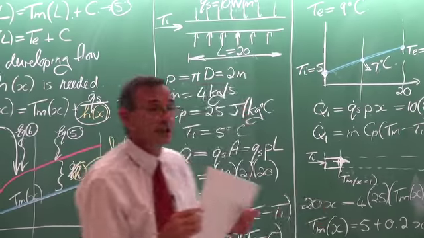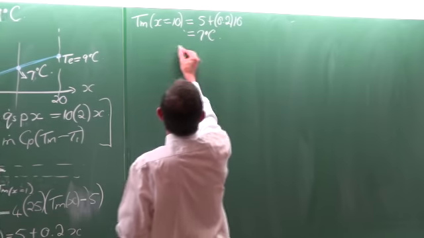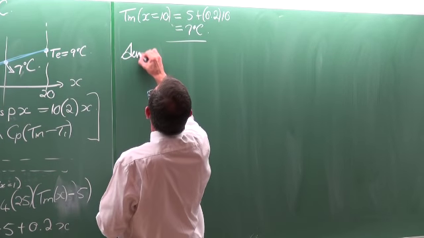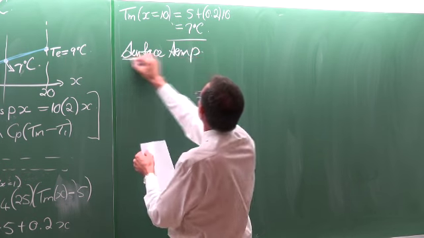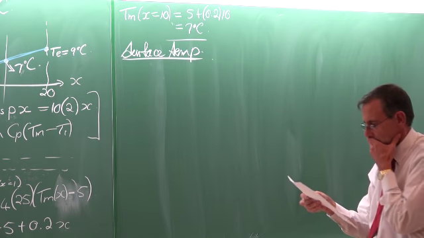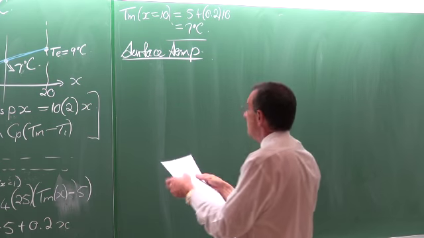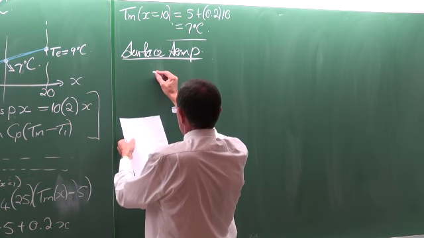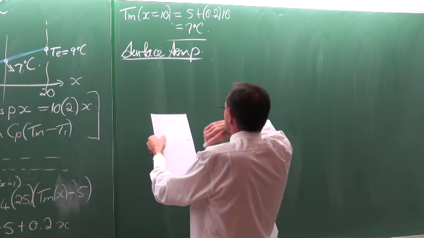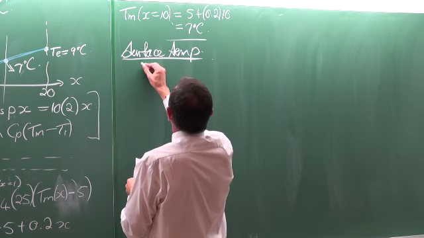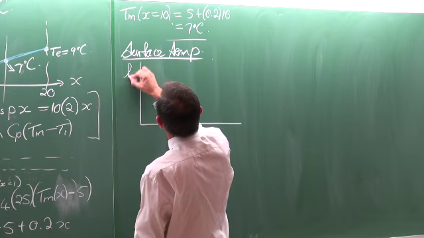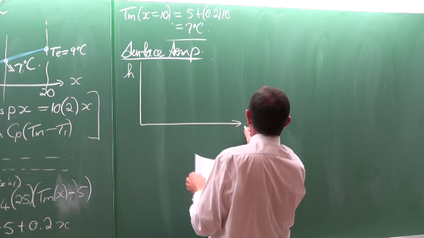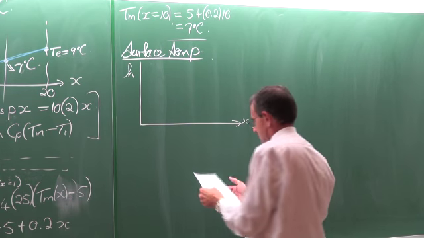Okay, so now let's get to the surface temperature. For the surface temperature, I'm going to give the following information of the heat transfer coefficient as a function of x.